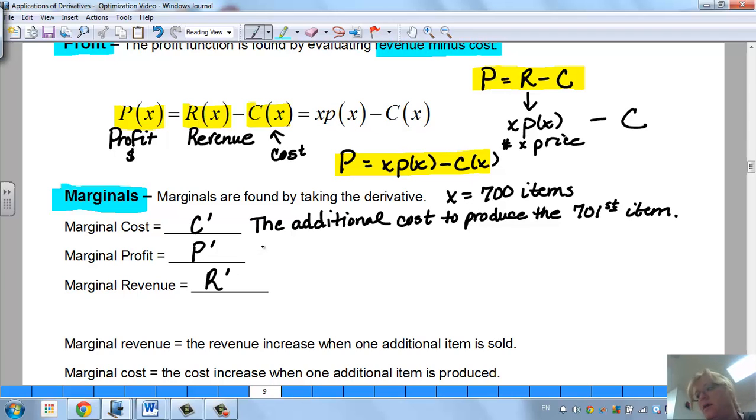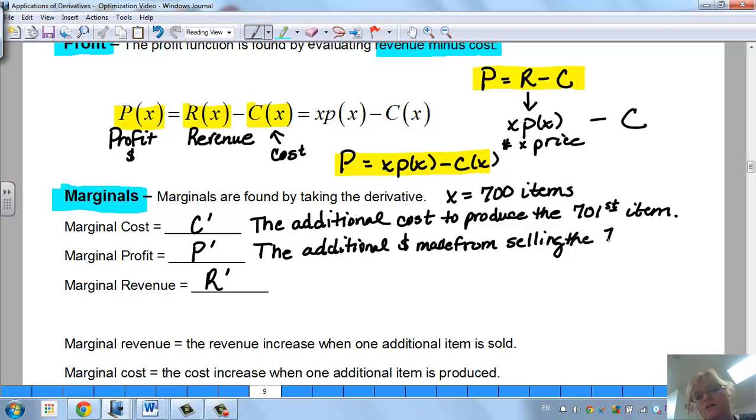P prime is the additional money made from selling the 701st item.